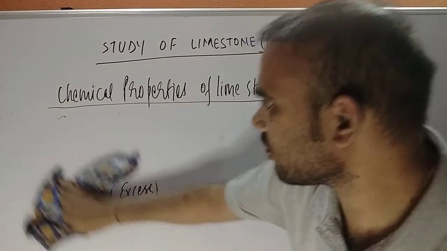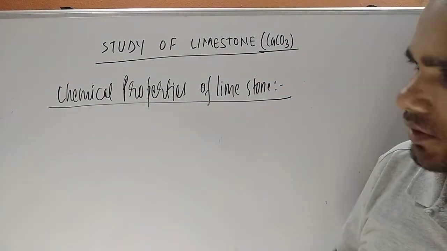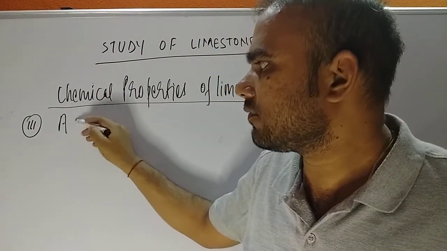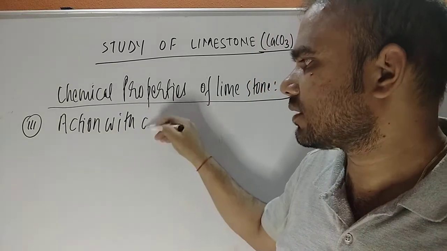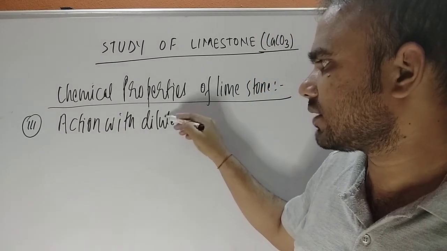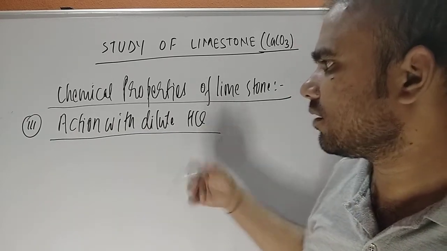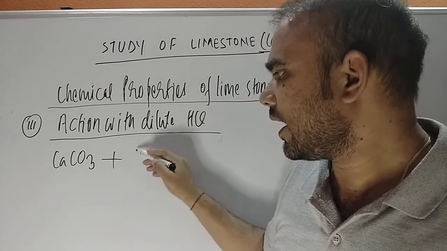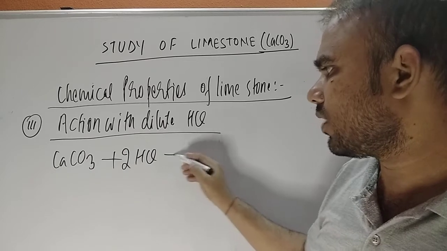So let us have a look at the action with dilute acid. The next chemical reaction is action with dilute HCl. Here we have CaCO3, and if you are treating it with HCl, take 2 moles of HCl.